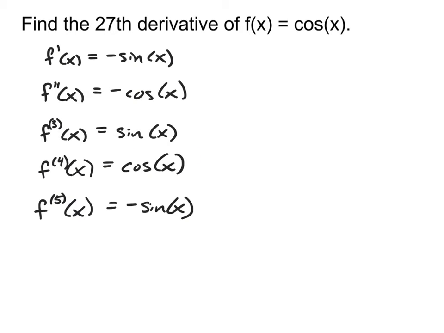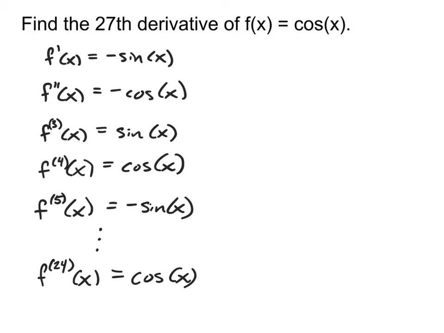So heading into 27, what's the last derivative where we got a cosine? So which derivative, again, gives us another cosine of x? 24. Yep, that's the 24th, because that's the next multiple of 4 that comes along. So we know the 24th is cosine.